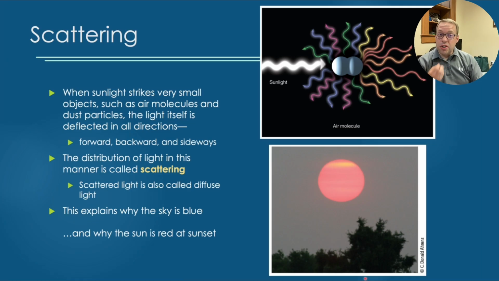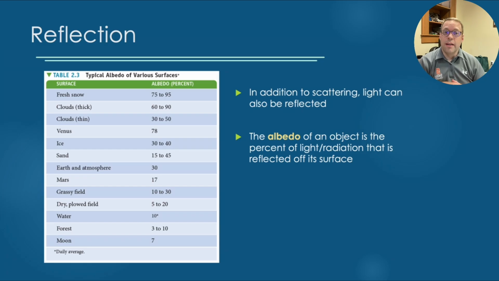That's scattering. Now, we also have to talk about reflection, because light very easily bounces off of objects or is reflected. We have a measurement that we call the albedo. It measures the amount of light that is reflected from a surface.